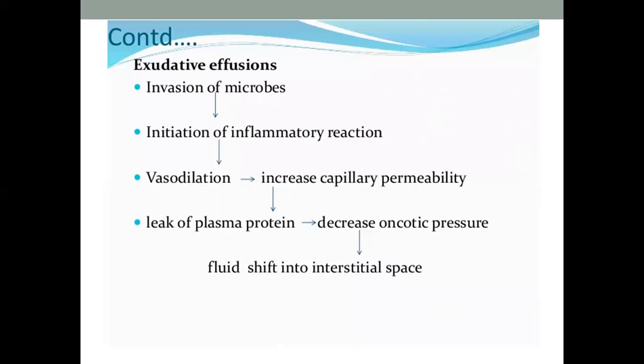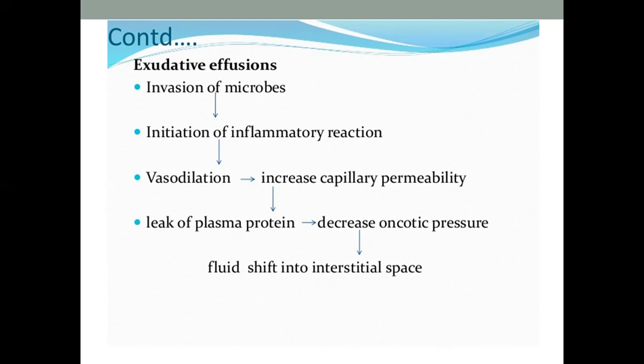While in exudative effusion, any incident leading to damage to the vascular endothelium or to the tissue of the pleura starts an inflammatory reaction leading to vasodilatation of the capillaries in that area.